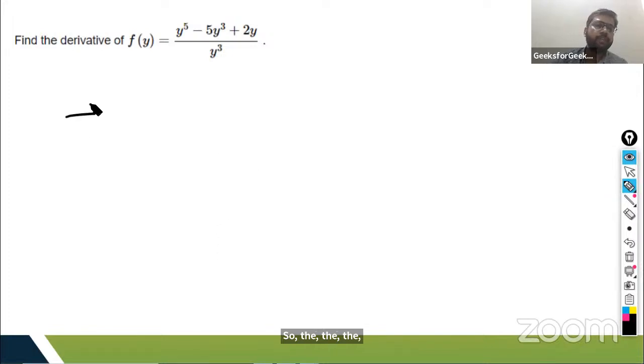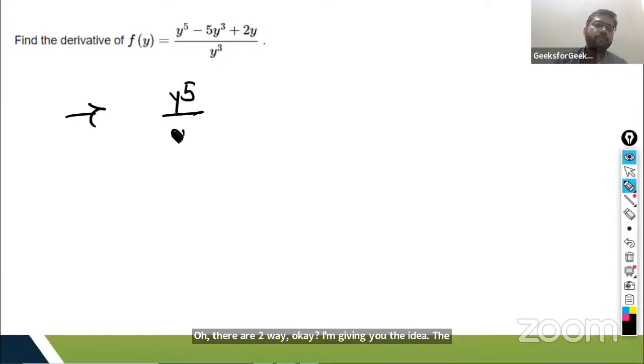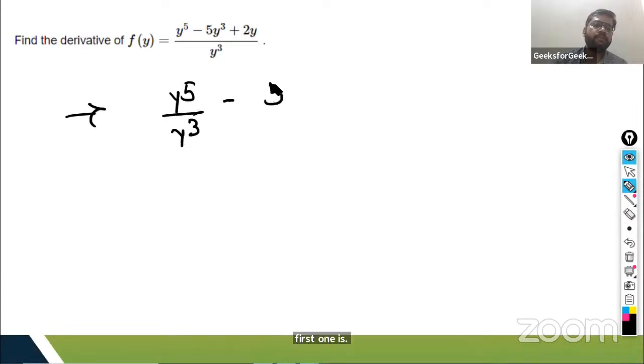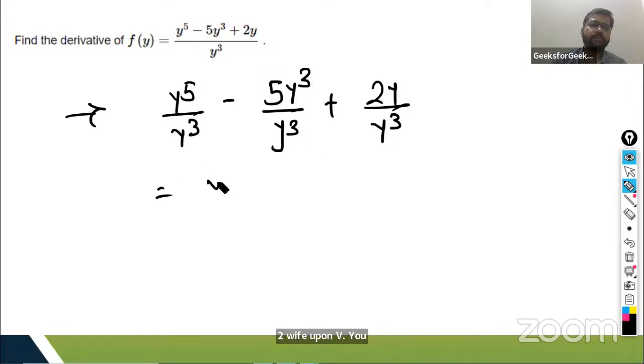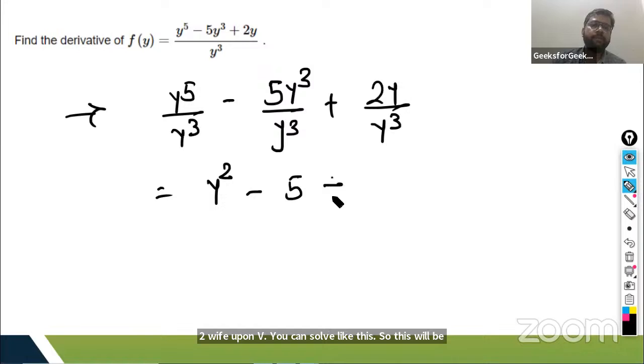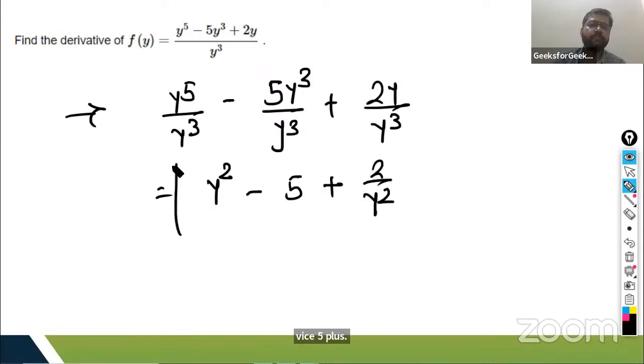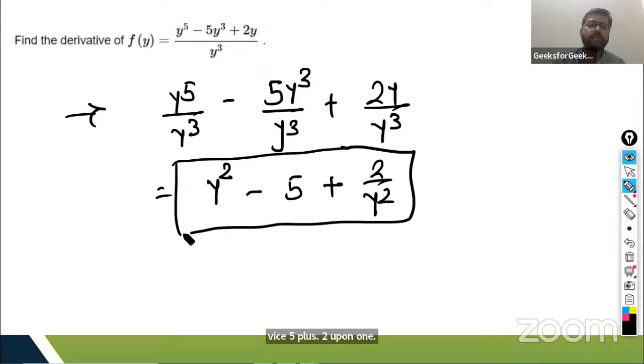So there are two ways. Okay, I'm giving you the idea. The first one is y to the power 5 upon y cube, minus 5y cube upon y cube, plus 2y upon y cube. You can solve like this. So this will be y square minus 5 plus 2 upon y square. The first way to solve the equation is something like this.